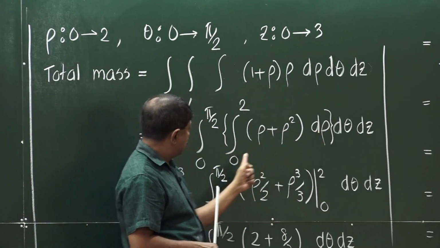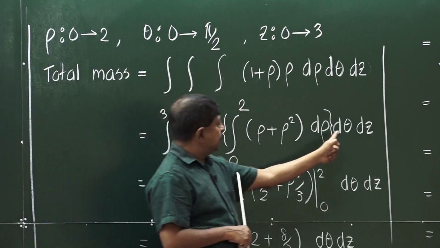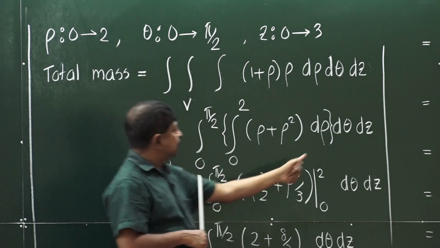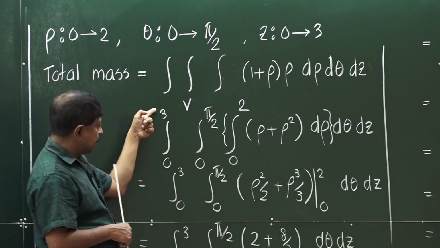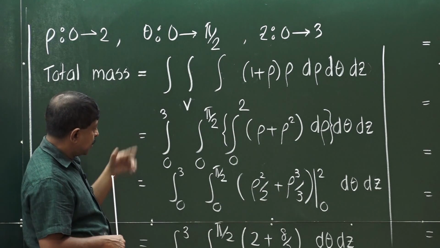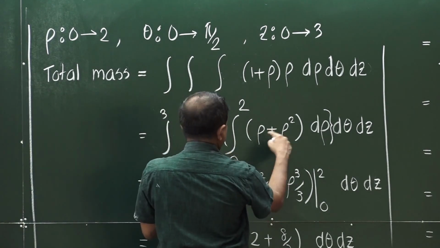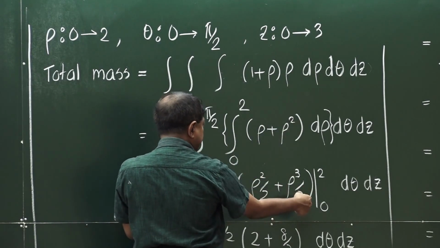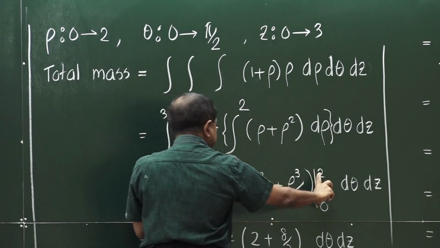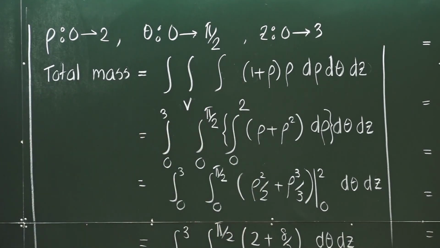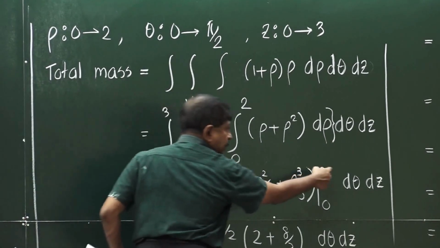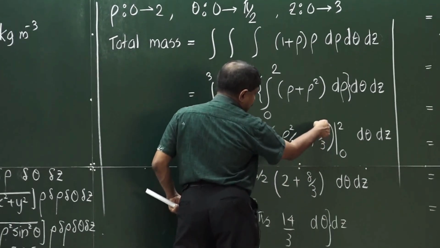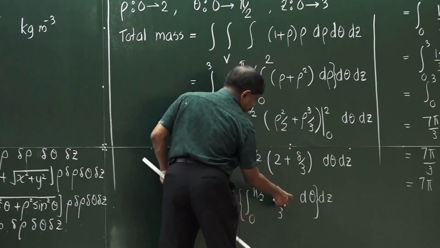Limits of rho from 0 to 2, limits of theta from 0 to pi by 2 here, limits of Z 0 to 3. Now, you can integrate this one. You have rho squared over 2, rho cubed over 3, assign the limits. Once you assign limits, you know rho is equal to 2. So, 2 squared over 2 is 2, 2 cubed is 8, 8 over 3, which is 14 over 3.